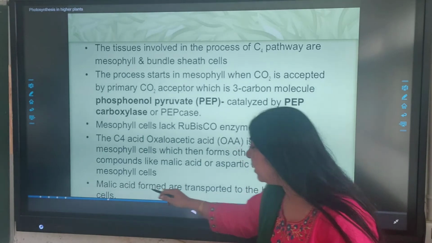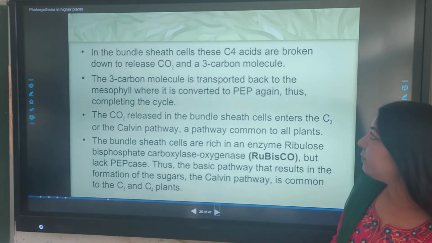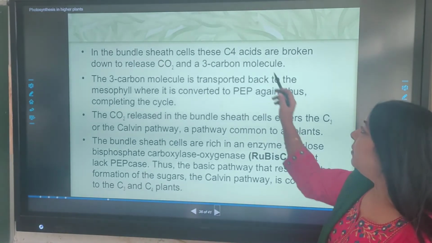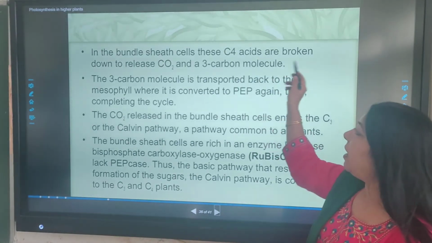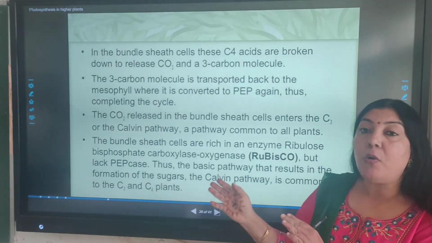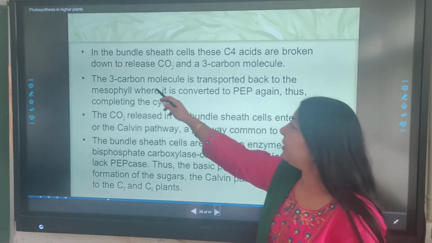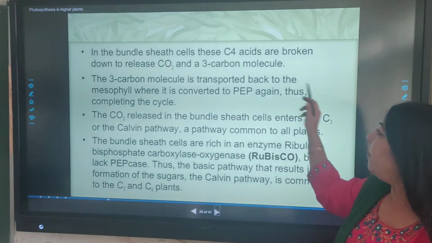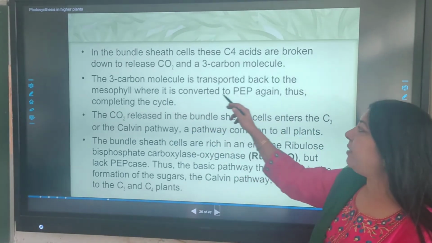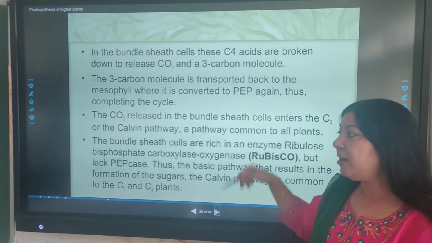So this malic acid formed is transported to the bundle sheath cells. In the bundle sheath cells, these C4 acids are then broken down into a C3 compound and carbon dioxide. Here the carbon dioxide is released. The C3 molecule is transported back to the mesophyll where it is converted to PEP again, and the cycle keeps on continuing.